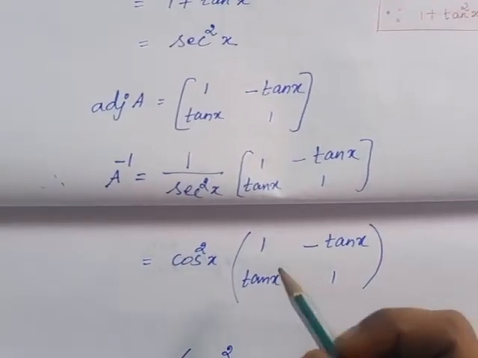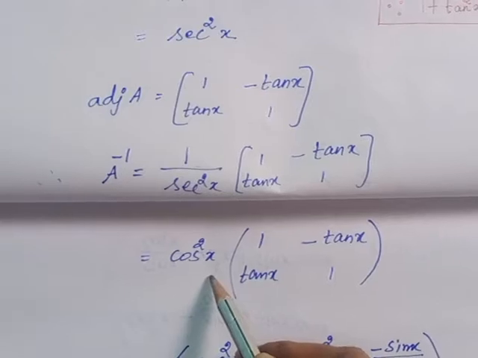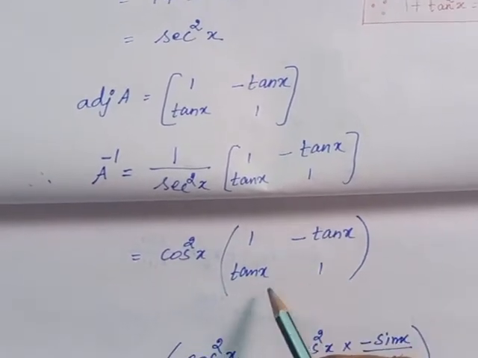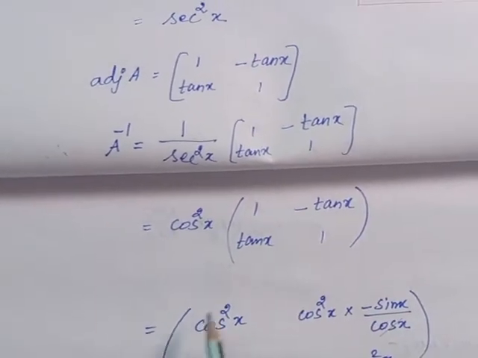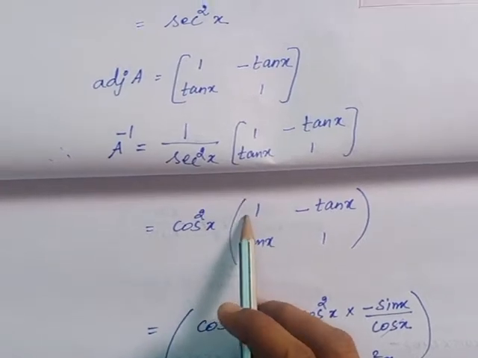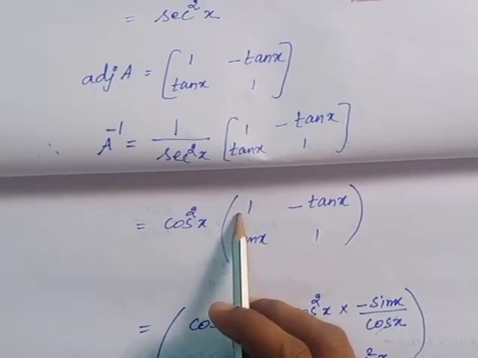Next, 1 by secant square x can be written as cos square x, into 1 minus tan x, tan x 1. And then you multiply cos square x inside the matrix.